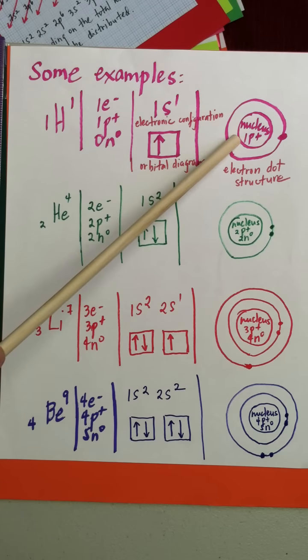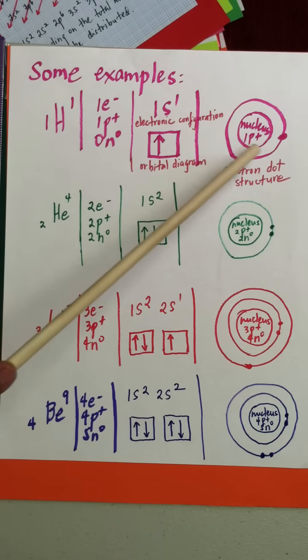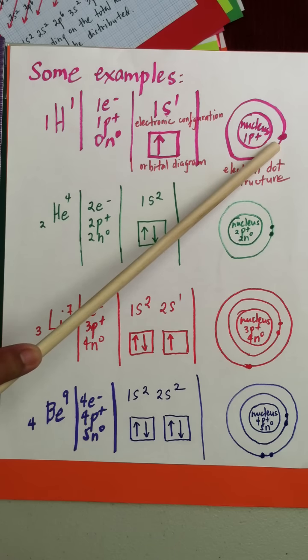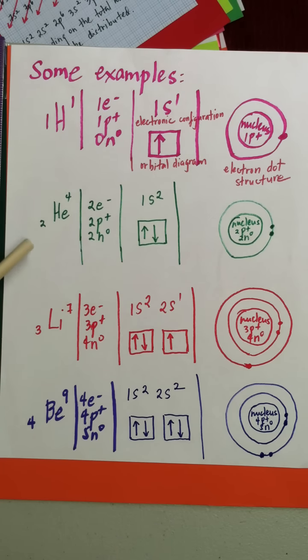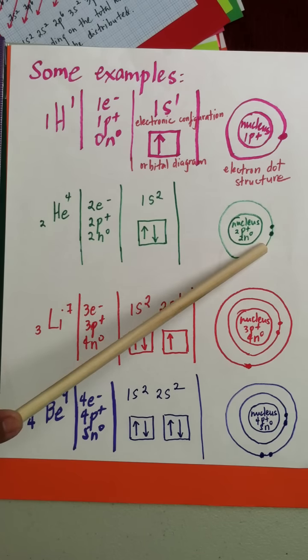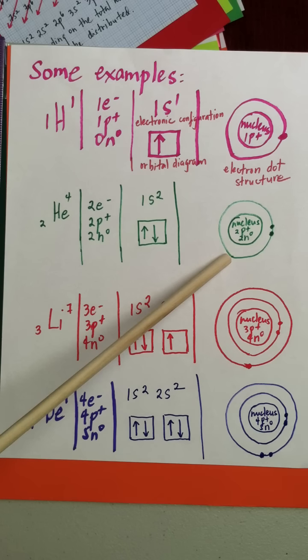There's 1 proton in the nucleus, and then around the nucleus you have 1 orbital, and that contains the 1 electron represented by 1 dot. If we look at helium-2, we will see that it has 2 electrons, and its electronic configuration is 1s2. Its orbital diagram will be this one, where you have an upward arrow and a downward arrow. You have the 2 electrons represented here in the 1s orbital.